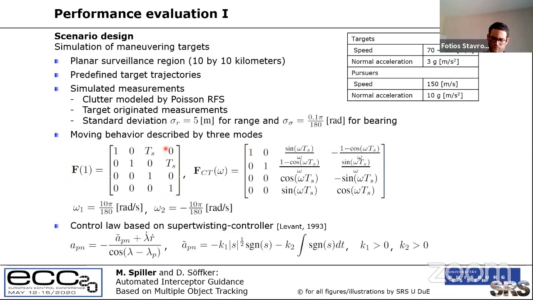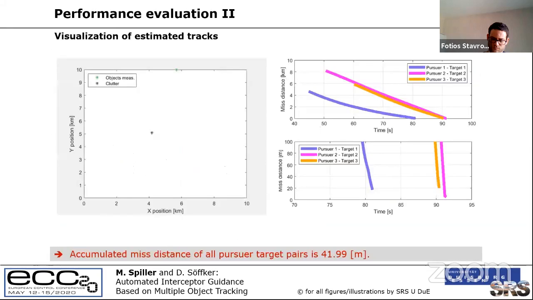The white noise acceleration model describes straight ahead movement, and the coordinate turn model describes turning maneuvers of the objects. Predefined angular velocities are used to make the coordinate turn model linear. Related to the control, the super twisting controller is used, and the controller parameters are tuned by trial and error.